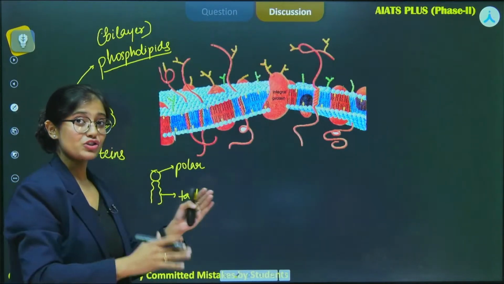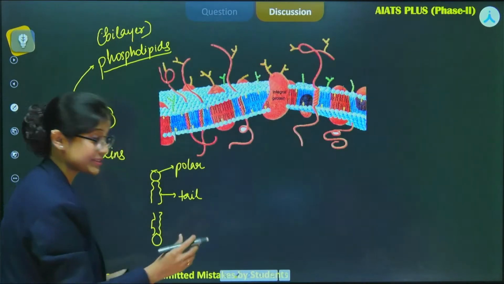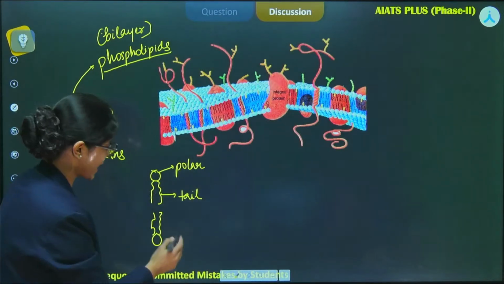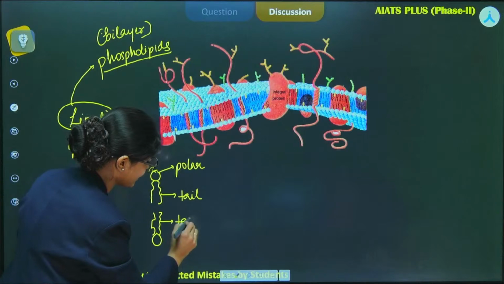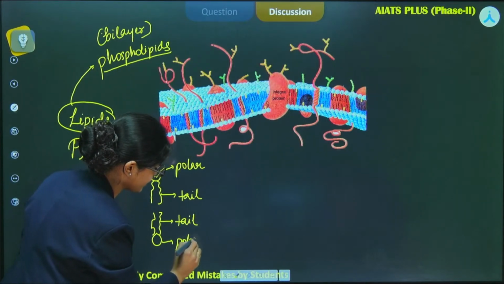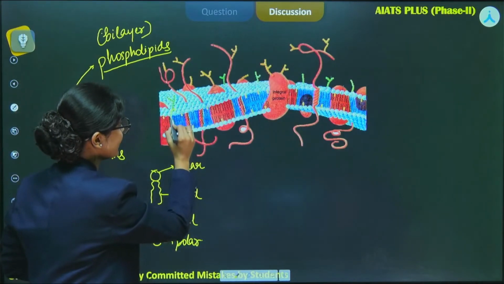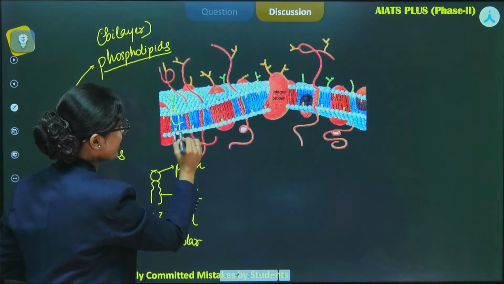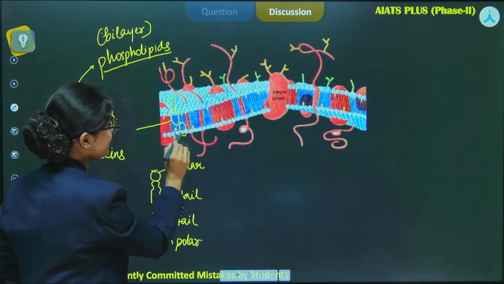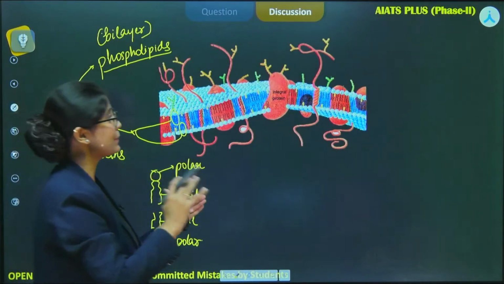If it is arranged in a bilayer, then the second layer is arranged in a reverse manner: this is the tail and this is the head, which is polar in nature. Right? As you can see here in the diagram how they are arranged. So these are basically lipids, phospholipids.